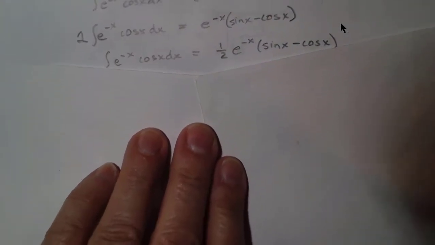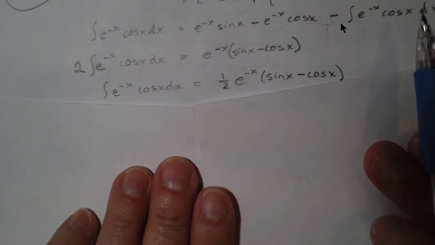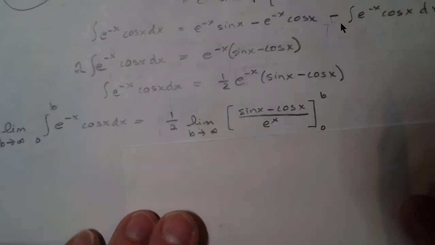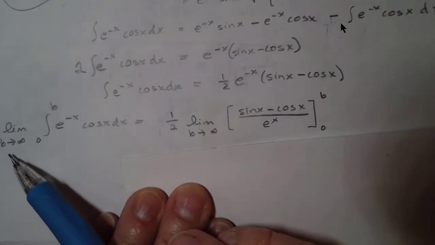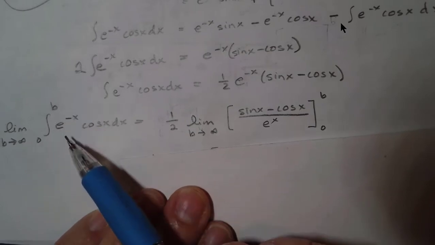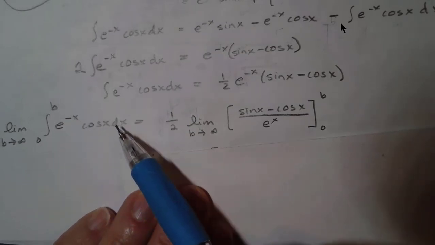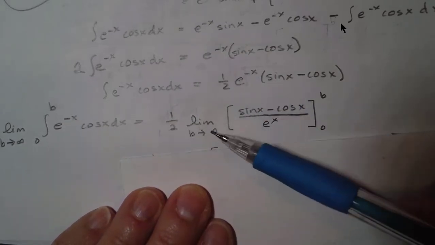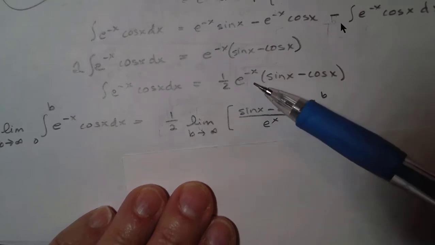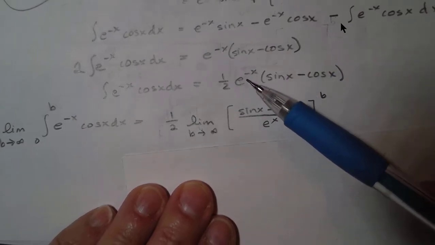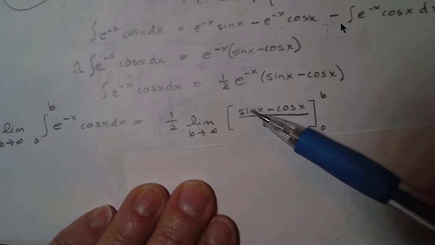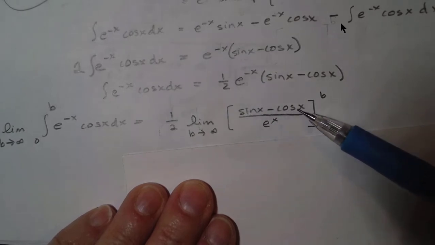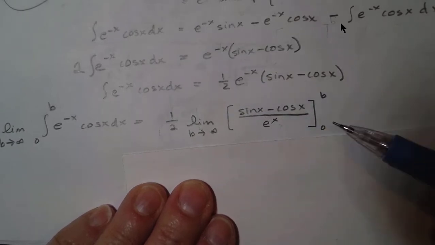So now we have anti-differentiated, and we can evaluate our integral. So finally, the limit as b goes to infinity of the integral from 0 to b of e to the negative x cosine x dx is 1/2 times the limit as b goes to infinity of e to the negative x can come down here, over, take sine x minus cosine x over e to the x from 0 to b.